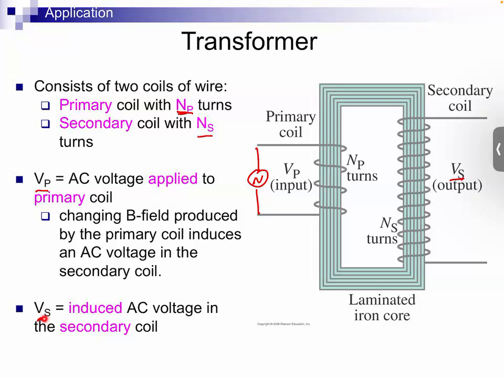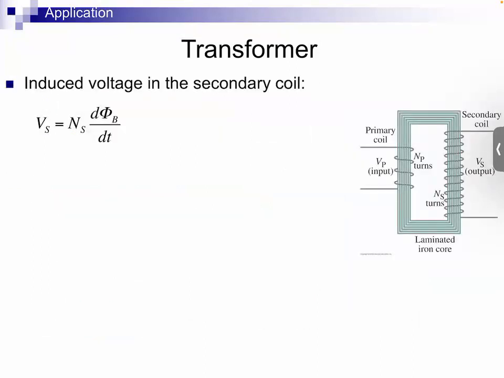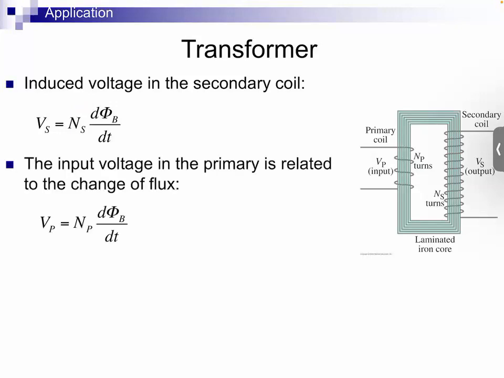The voltage that is created in the secondary coil, according to Faraday's law, is equal to the change in magnetic flux in the secondary coil times the number of turns in the secondary coil. The voltage in the primary coil is also related to the change in magnetic flux through the primary coil.